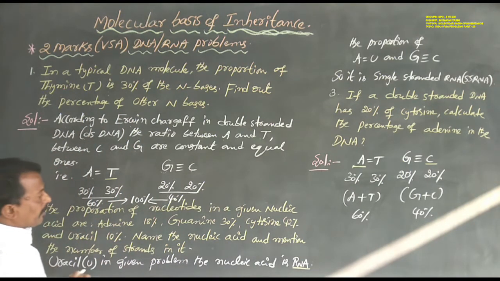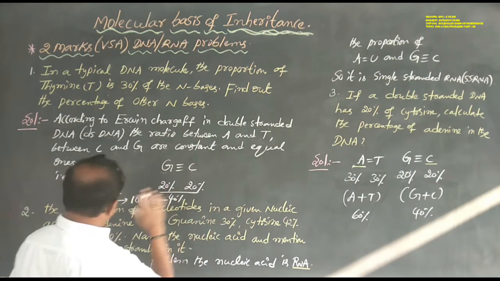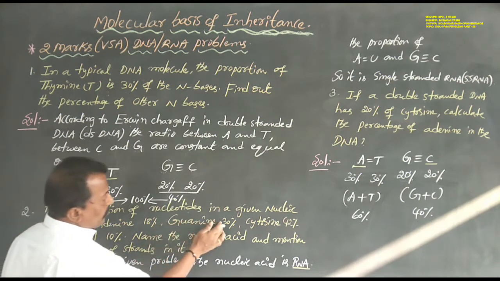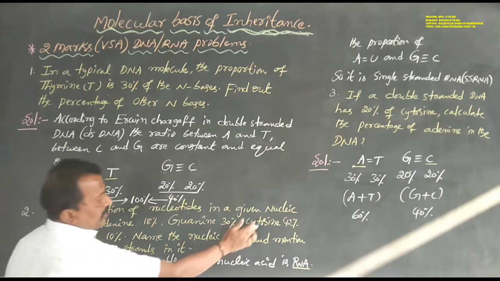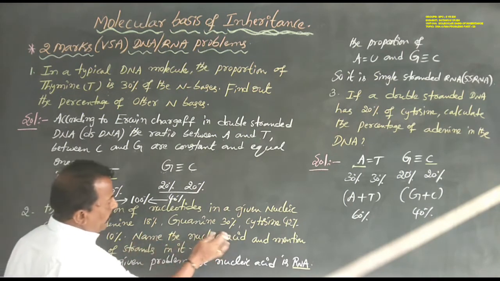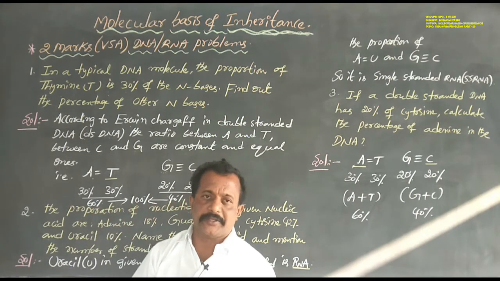And the second problem: the proportion of nucleotides in a given nucleic acid are adenine 18%, guanine 30%, cytosine 42%, and uracil 10%. Name the nucleic acid and mention the number of strands in it.